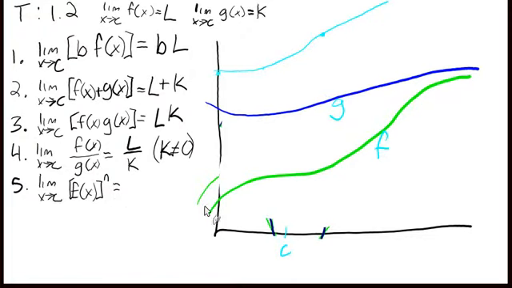If we were to raise all of these y values to the power of n, say this y value of the function f right here were 2, and n were 3, you take 2 to the third, that's 8, and there you go, that's your new limit. So it would just be whatever the limit was, in this case 2, raised to the n power.